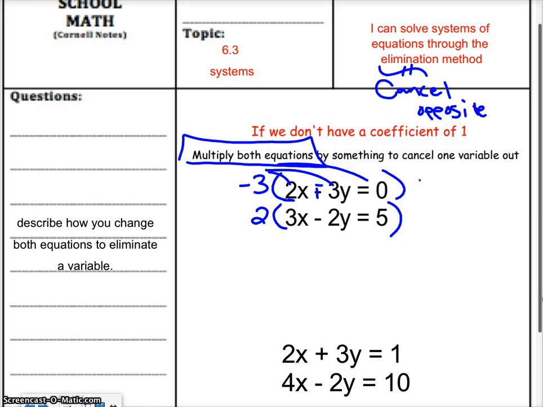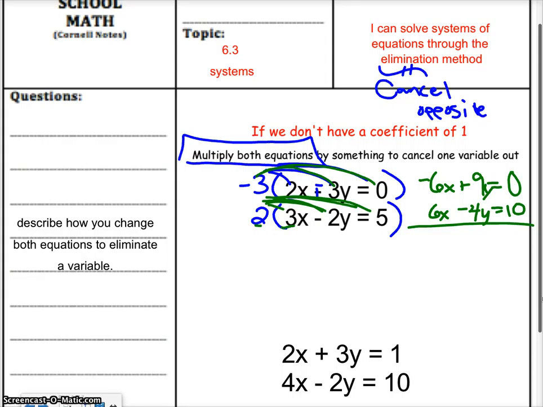You get the same answer. 6x plus negative 3 times 3 is positive 9 equals negative 3 times 0 is 0. Distribute the bottom. 2 times 3, 6x, minus 2 times 2, 4y, is 2 times 5, 10.